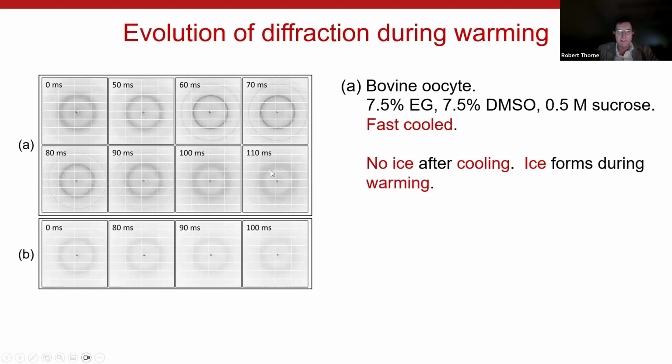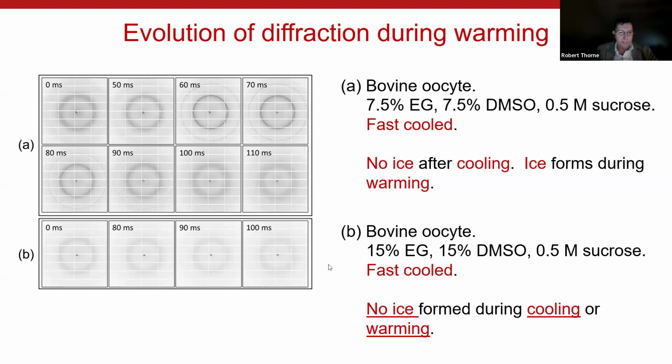And then eventually that ice disappears. On the other hand, if we use 100% strength cryoprotectant solution, it also starts out with no ice, but it never develops ice during warming. None, 0.